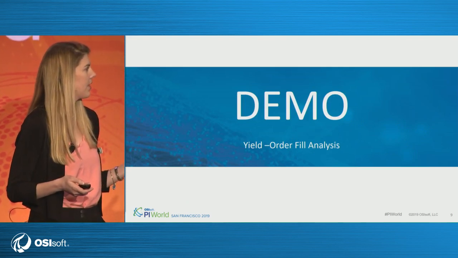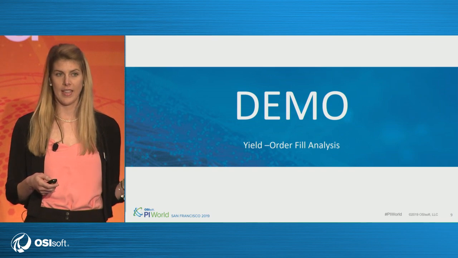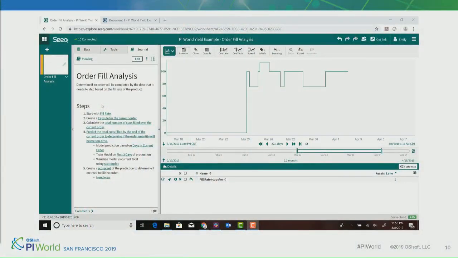So the next use case that I'd like to talk about is yield. In this particular case, we're talking about filling orders and making sure that we're going to deliver our orders on time. So in this analysis here, we have our fill rate. And so we're filling so many cups per minute.